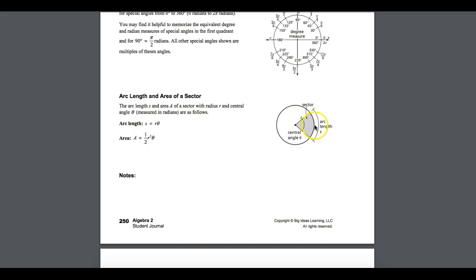So an arc length is just the central angle times the radius. And the area is just 1/2 times the radius squared times your central angle. Again, the key here is your angle must be measured in radians. So you can always come back to this picture. This is in your journal when it comes to arc length and sectors.